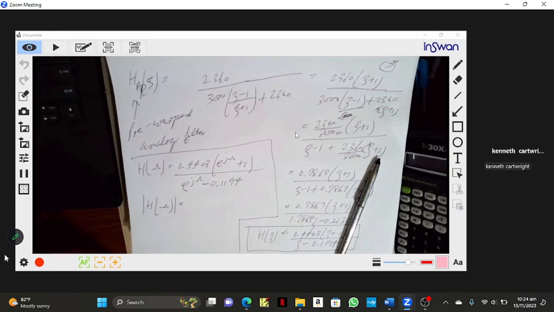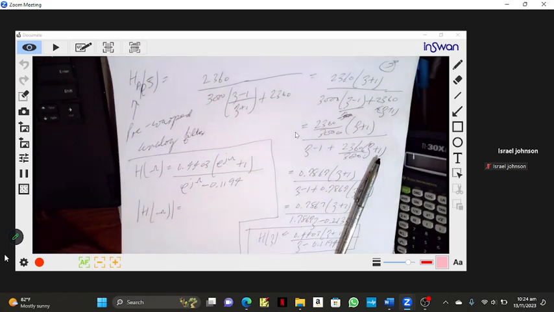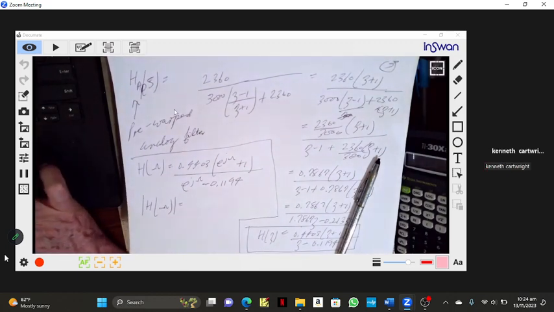And Mr. Johnson, that's not the way we do magnitudes. How many times have we found the magnitude?